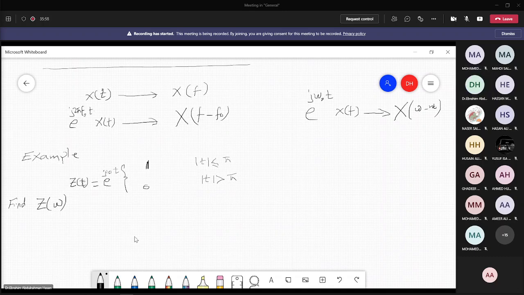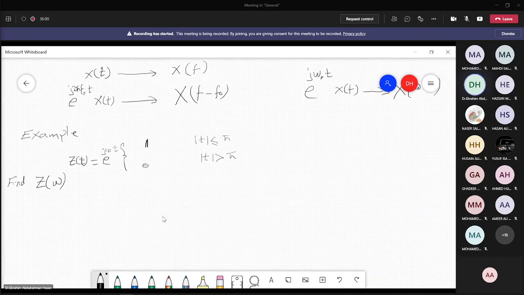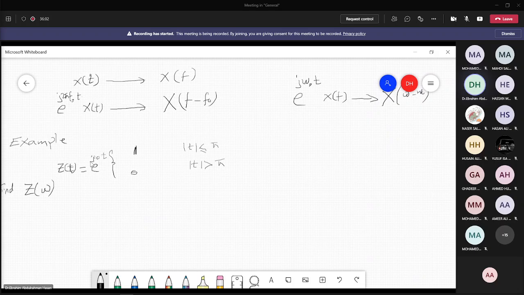So if it is similar, it is e to the power of j10t, which means omega naught equals 10, and this is x of t. This is my x of t, which is this.